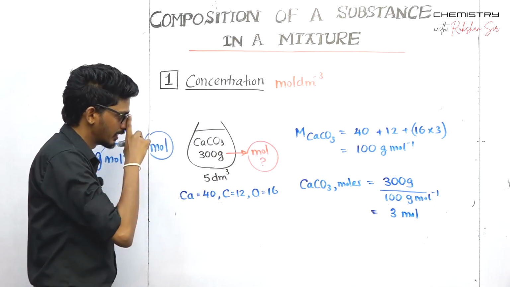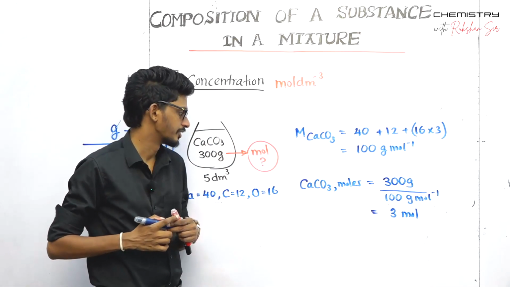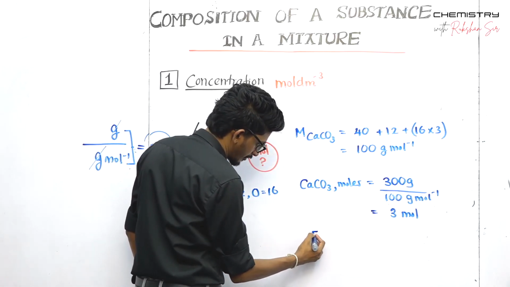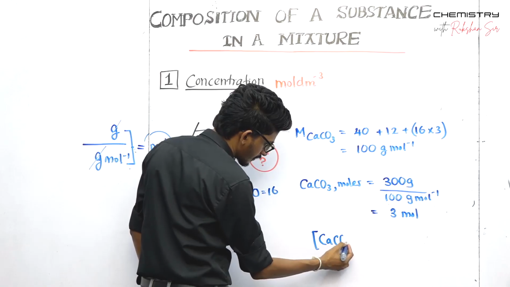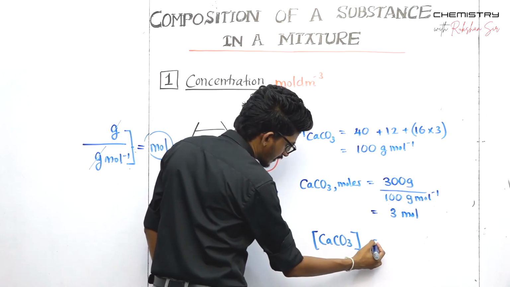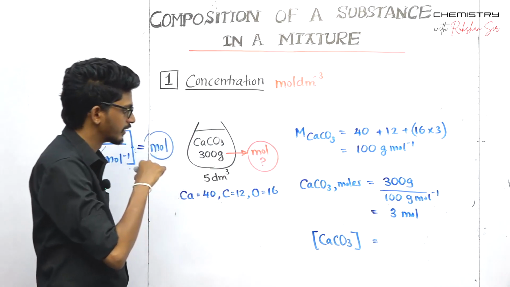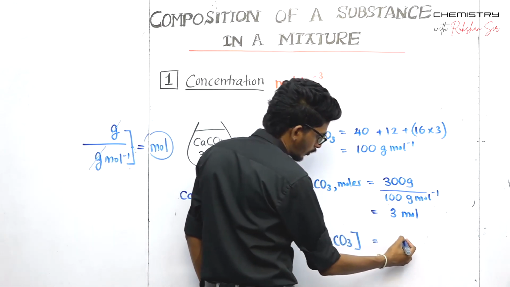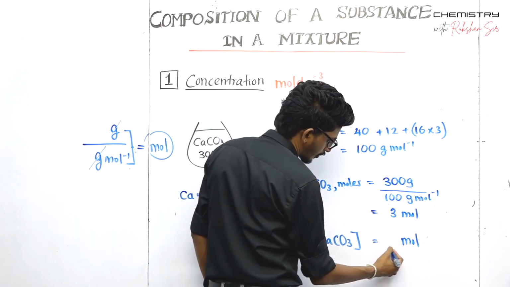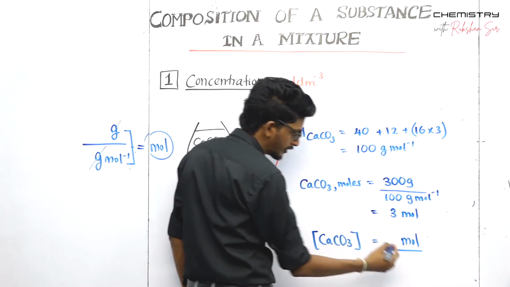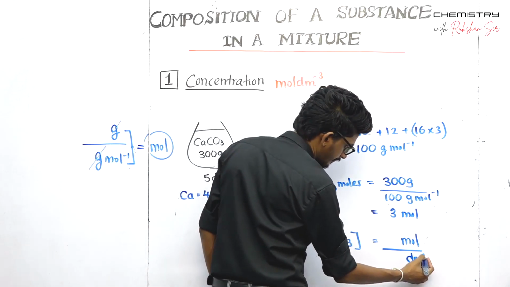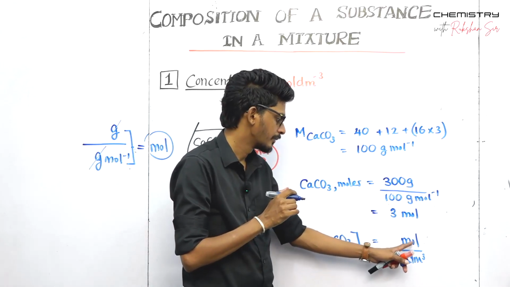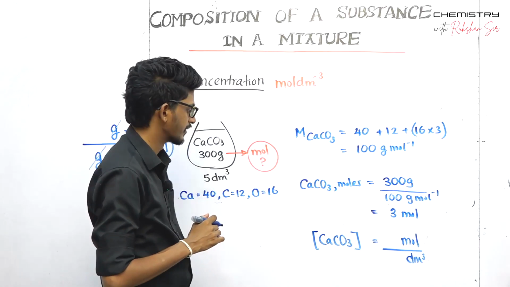So we are done with the number of moles of calcium carbonate, the substance of interest. Now we can come up with the concentration of calcium carbonate. Concentration means the mol dm^-3 value, so we need to divide the mole value by the dm^3 value. That gives the mol dm^-3, which is the concentration.